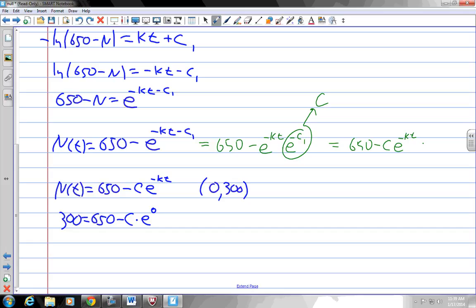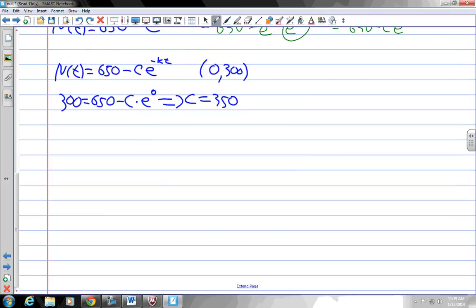So what is c? 350. And from here on, it becomes a college algebra problem, right? So now my model is n of t is 650 minus 350e to the negative kt.